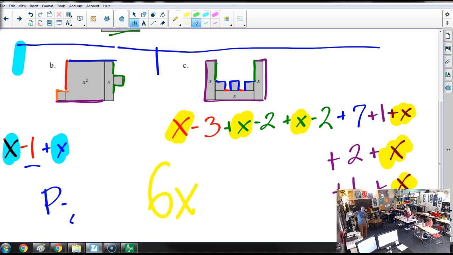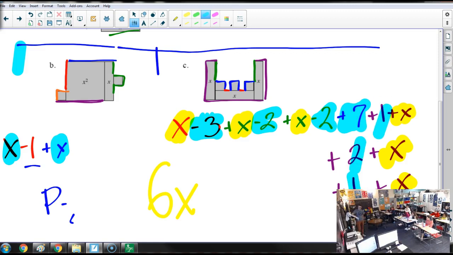Get your constants. Negative 3. Oh, this is going to be annoying. Negative 5. Negative 7. Oh, wait, 0 now. 1, 3, 4. It's trying to make straight lines out of my not straight lines. 6x plus 4.